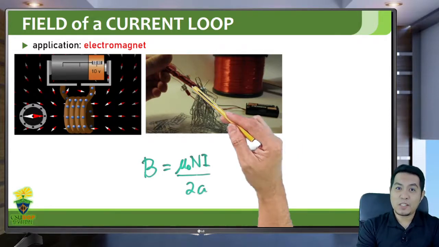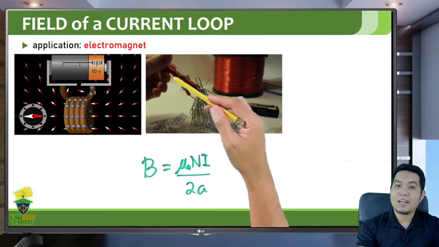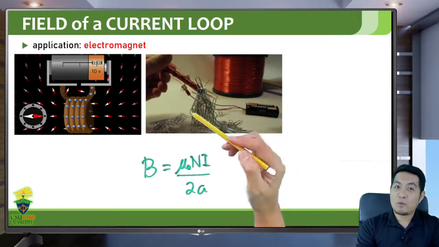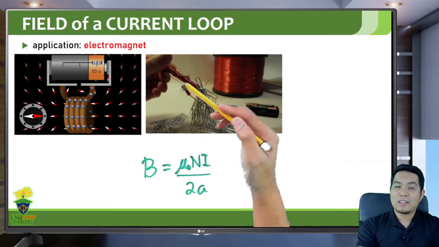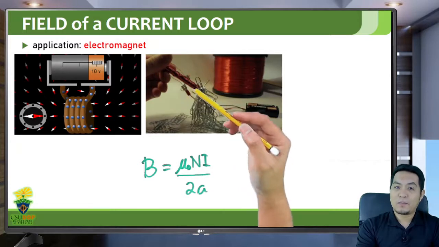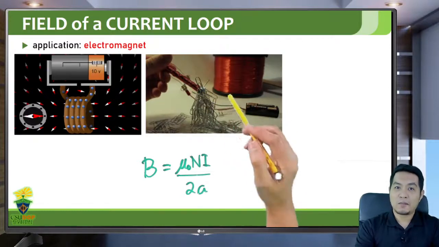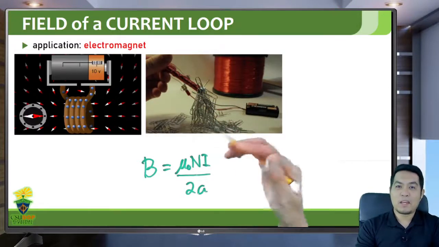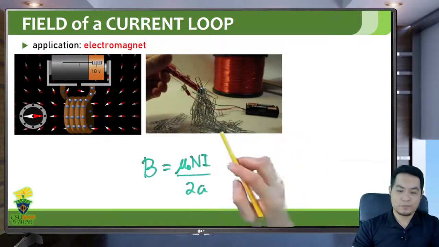If you expose it to a magnetic field such as the magnetic field of a current loop, all of its magnetic dipole moments will align with the field, and the metal will have a magnetic field that adds up to the magnetic field of the current loop, essentially making it stronger.